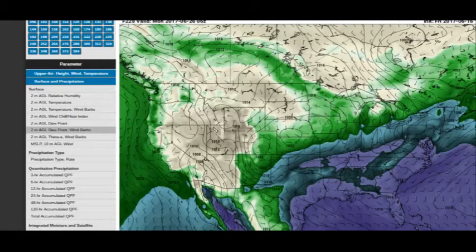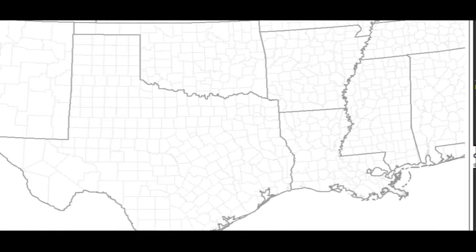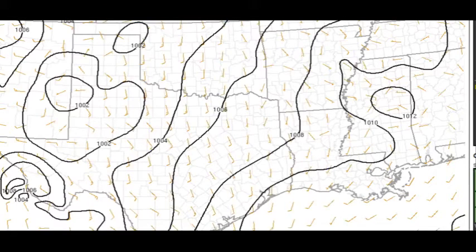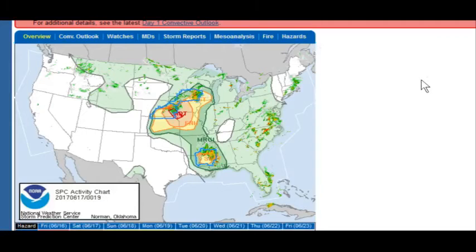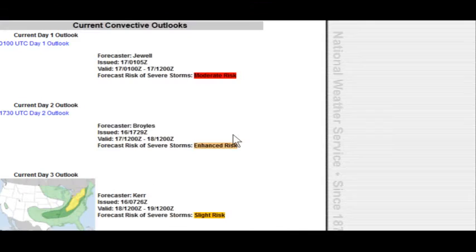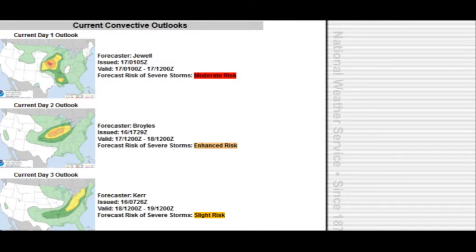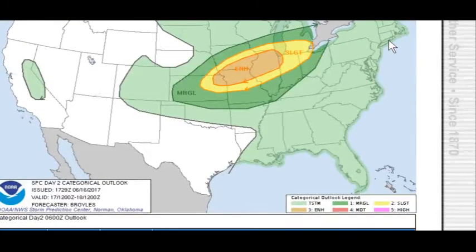Let me take a look at SPC. I haven't looked at any of their forecasts for tomorrow. We'll take a look at their day 2 convective outlook. And looks like we are pretty much in agreement.